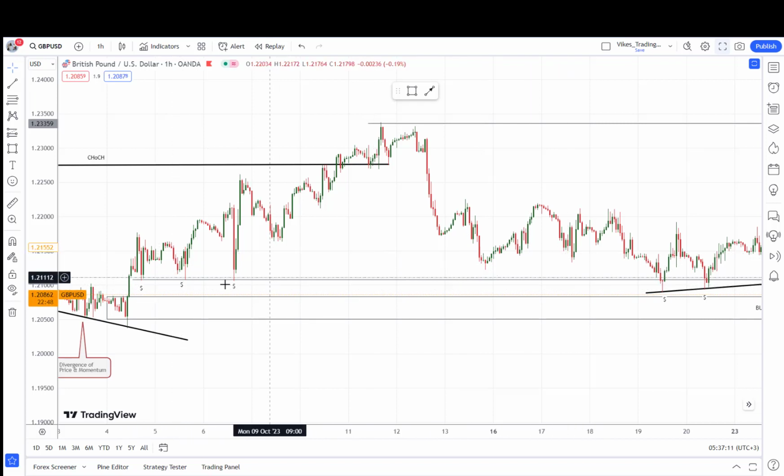So firstly, I was expecting that price would come, pierce below here, then form a reversal pattern so that I can scale into long positions and target this new high.